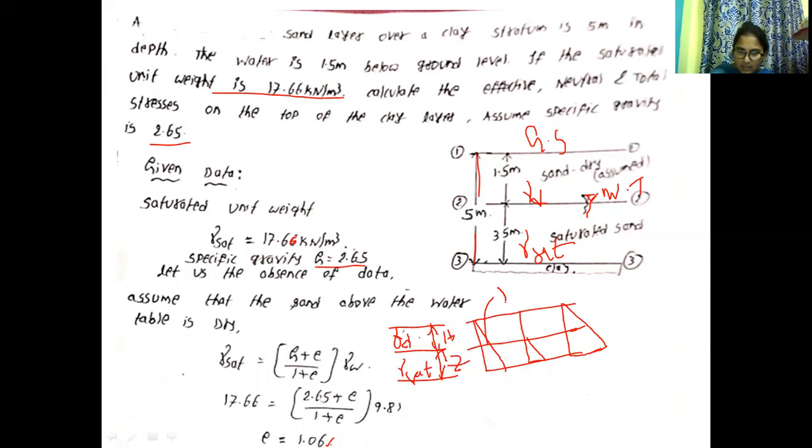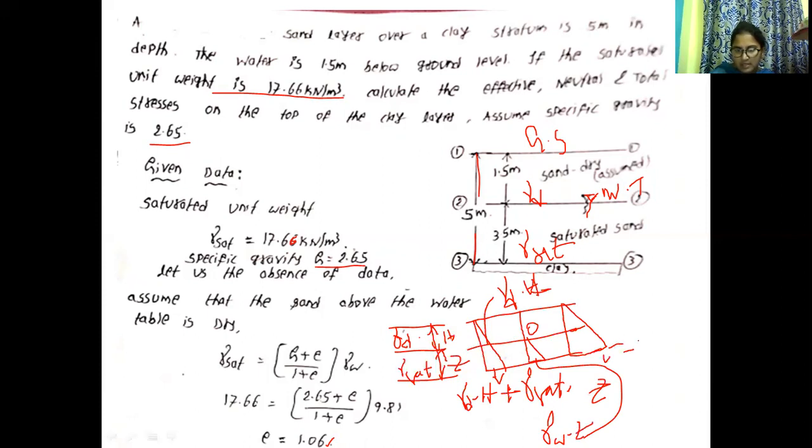So here gamma d into Z or H. Gamma d into H, this is 0. And gamma d into H plus gamma sat into Z. This one is related to this one. And what is this one? Gamma w into Z. So finally you can write sigma minus u. In this way you can solve the problem.